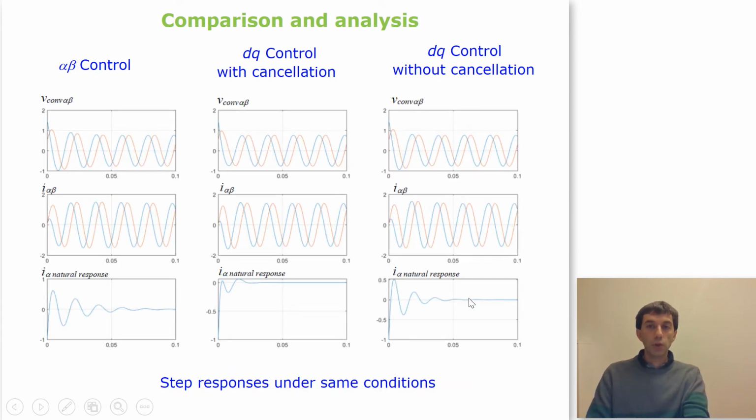Finally, if we do time domain step responses under the same conditions in all the controls, and we apply 1 ampere at both D and Q components of the current references, we can see the voltages, currents in alpha beta, and the natural responses for all the controls.